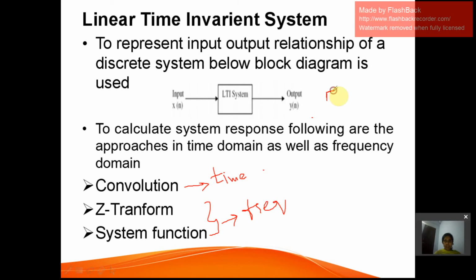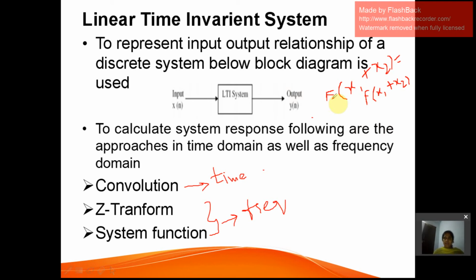If I take f of x1 plus x2, f of x1 plus x2 is equal to f of x1 plus f of x2. This is the additive property of the superposition theorem. There is another homogeneity concept also: f of ax is equal to a times f of x. This is the general definition of the superposition theorem.